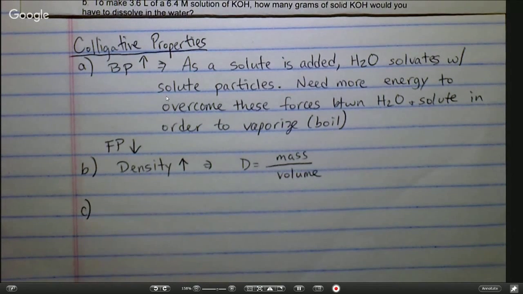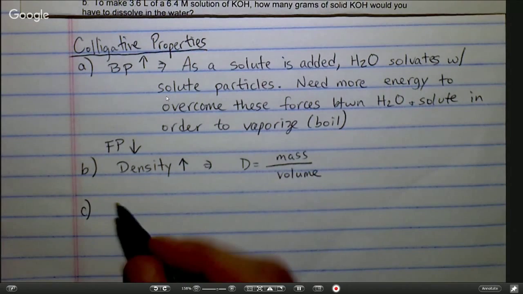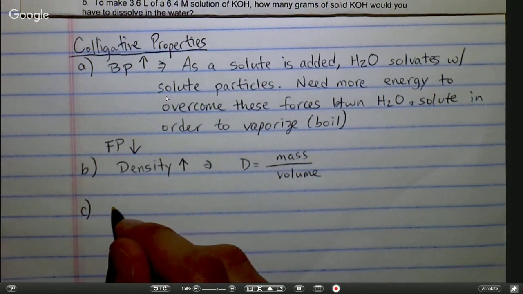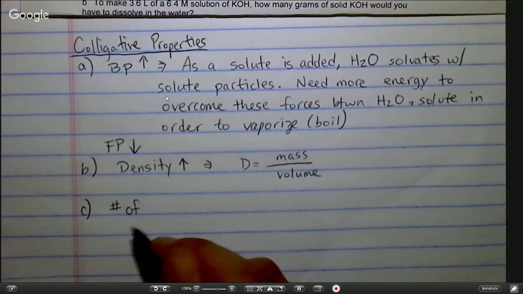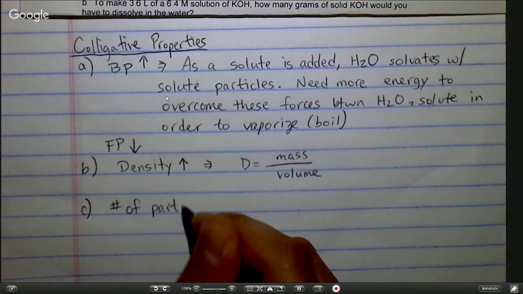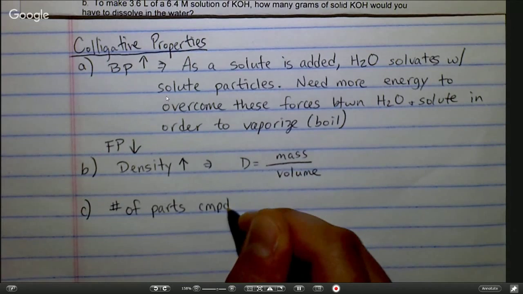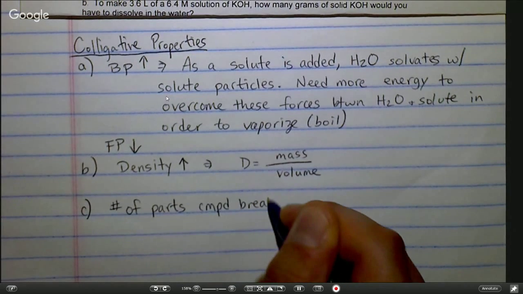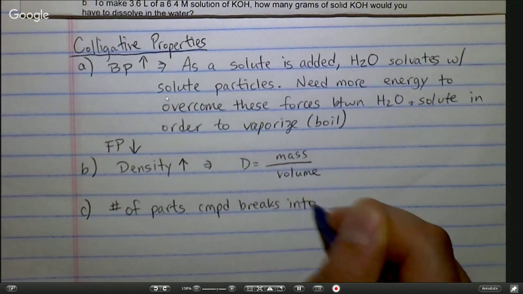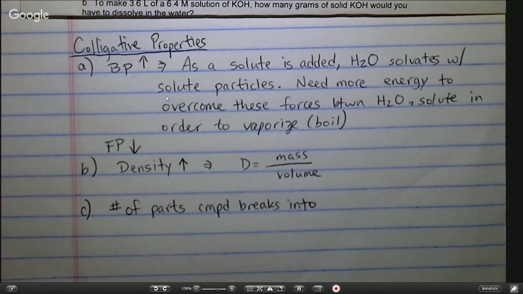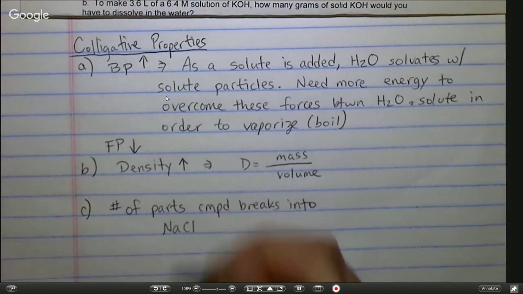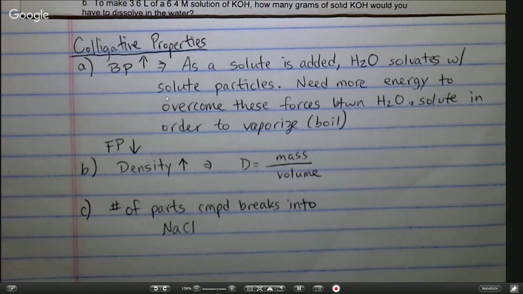And then in part C, which would affect the boiling point more, NaCl or calcium bromide? Remember, with colligative properties, we look for the number of parts the compound breaks into. My definition here is not as eloquent as what it was in class last week, but essentially we look to see NaCl, how many ions would that break apart into? 2.